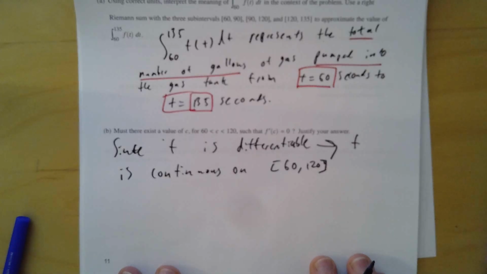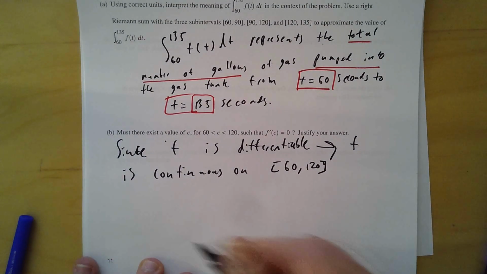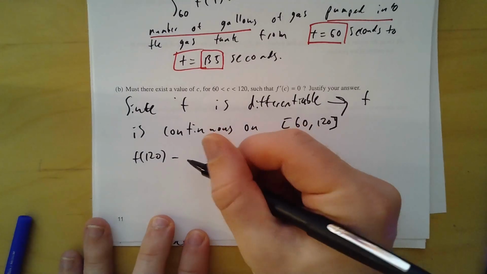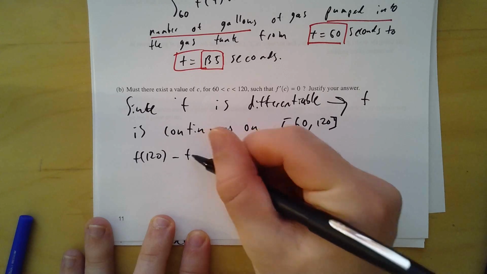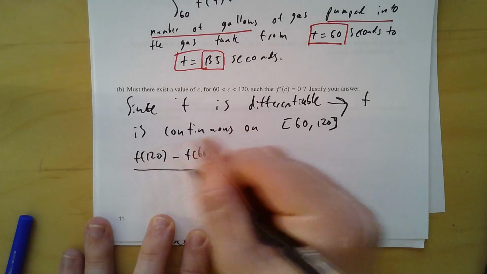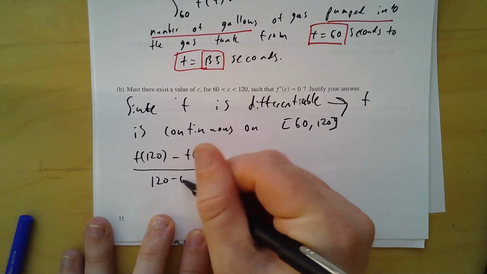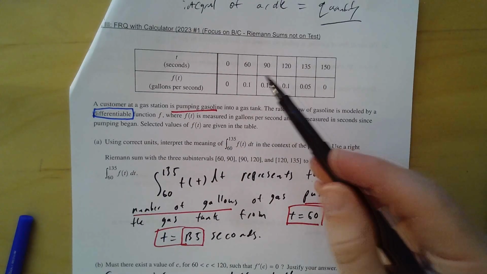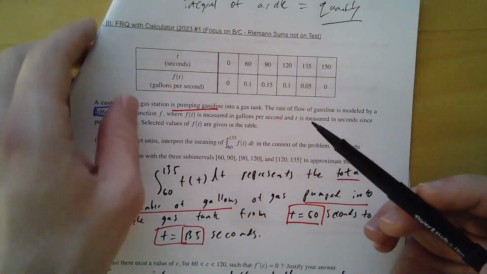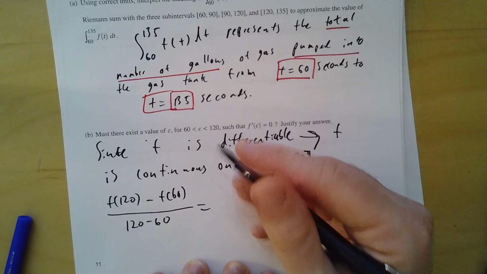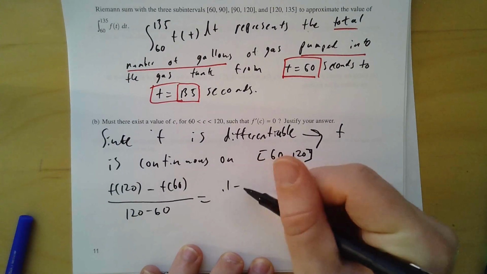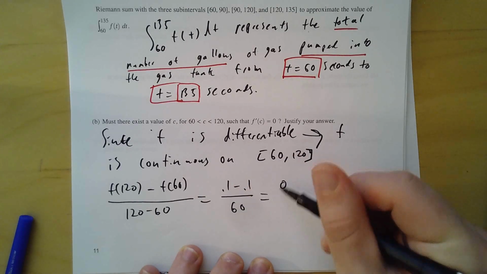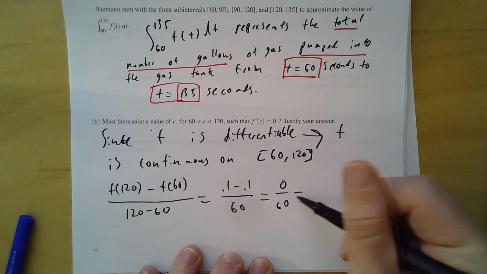So now we'll find the average rate of change. We're going to do f of 120 minus f of 60 over 120 minus 60. If you look here, 60 and 120 are both 0.1. So it's 0.1 minus 0.1 over 60, which equals 0 over 60, which equals 0.